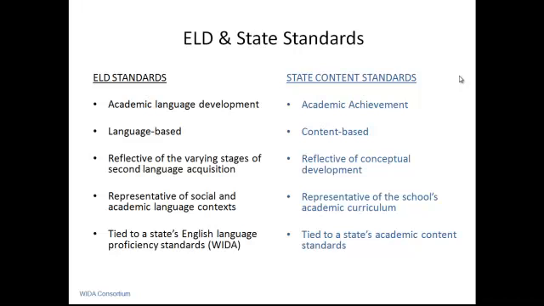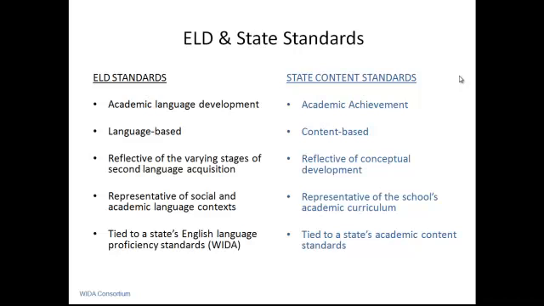English language development, or ELD, standards are designed to support state standards, but it's important to remember that these standards measure very different things, and that any individual student can be performing at a very high level in one while still operating at a very low level in the other. ELD standards measure language development, while state standards, in our case the North Carolina adaptation of the Common Core, measure academic achievement and content.